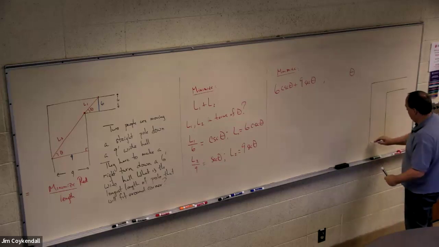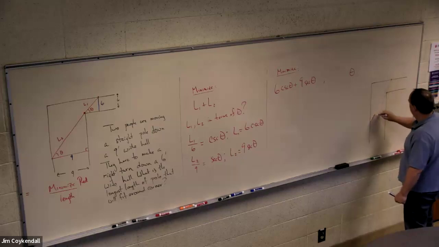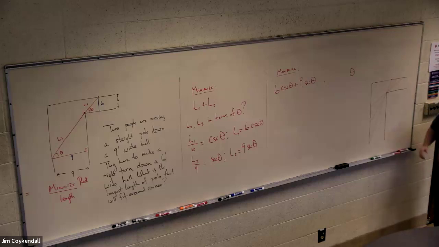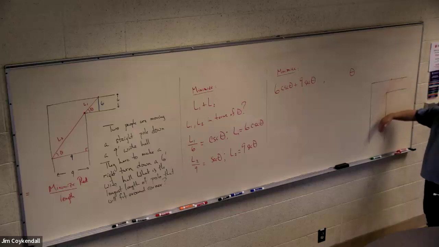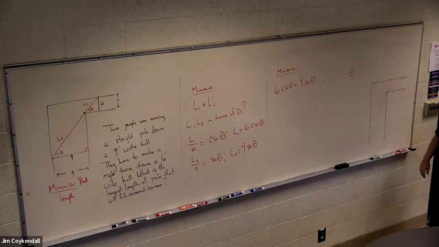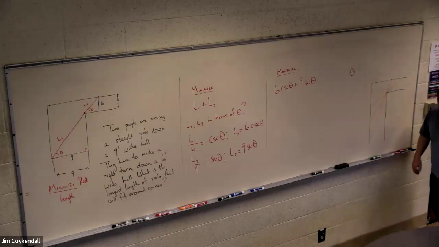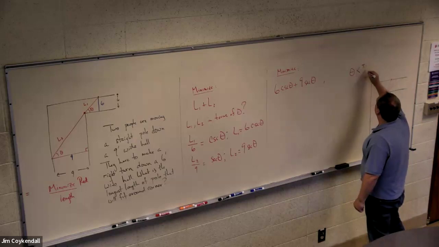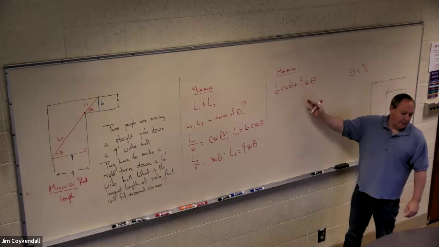Maybe that helps you. So here's my theta. As this gets longer and longer down the hall, what's theta getting closer and closer to? Pi over 2. But it never quite gets there, does it? And a good hint for this is that secant has a problem with pi over 2.